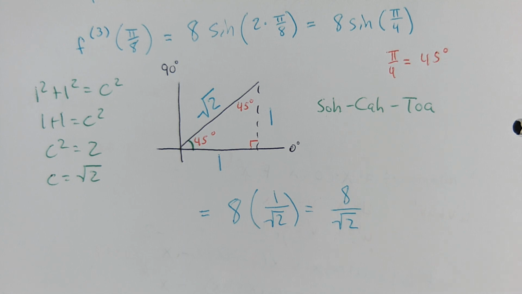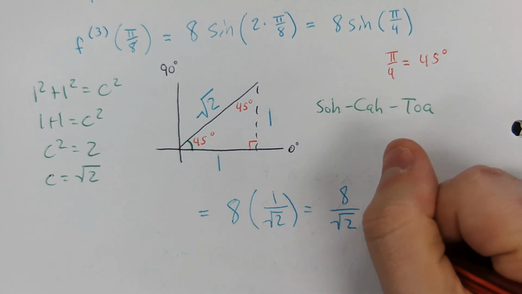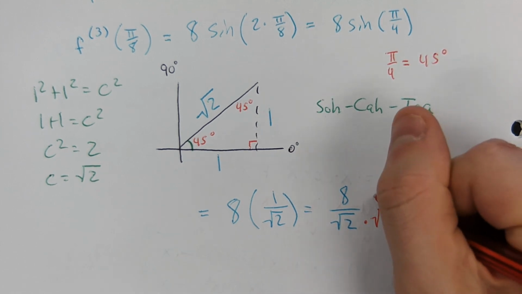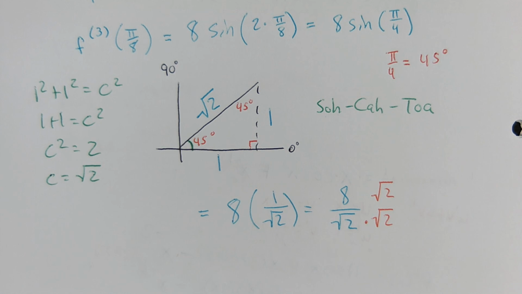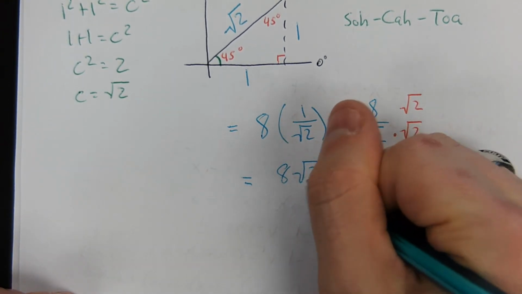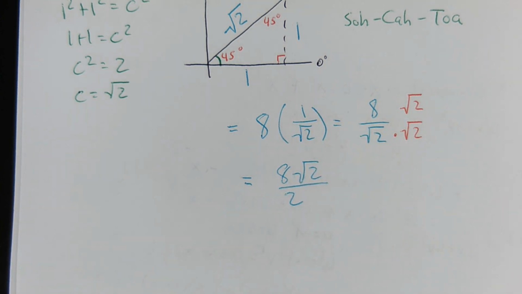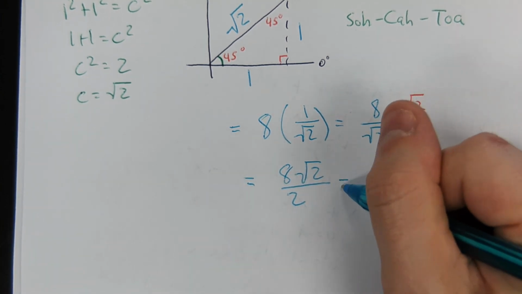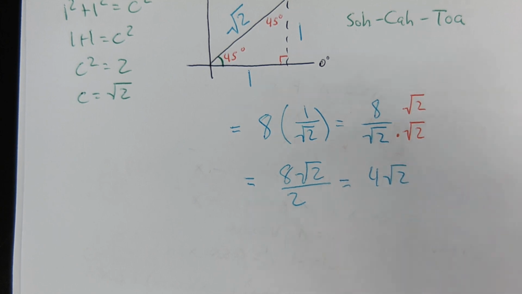You don't want to have square roots in the bottom of a fraction, so you rationalize the denominator, because root 2 times root 2 is no longer a square root. It's just 2. What we have here is 8 root 2 over 2, and 8 divided by 2 is 4. And that is where our 4 root 2 comes from.